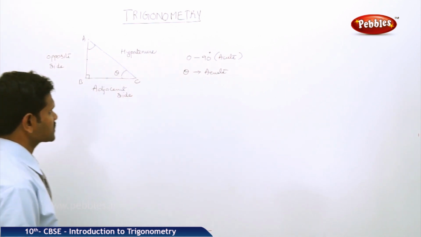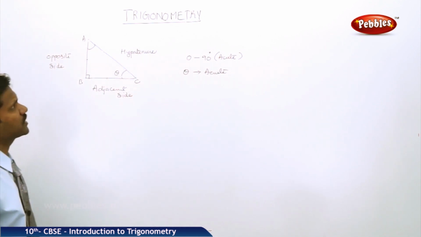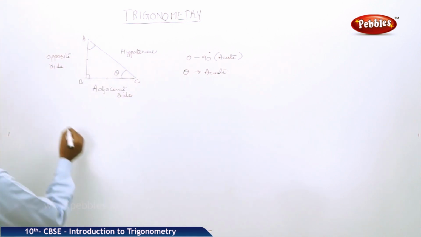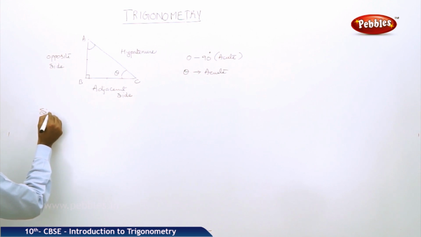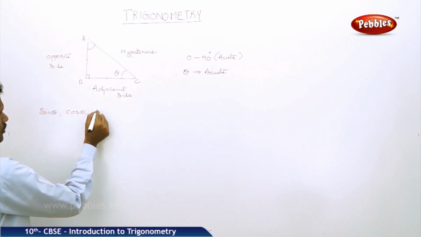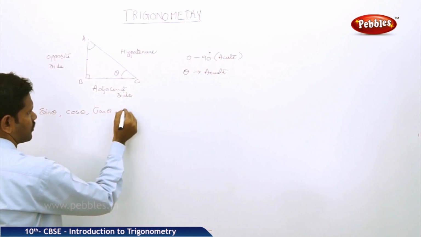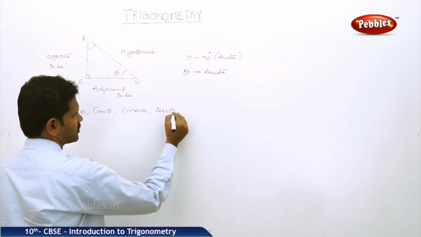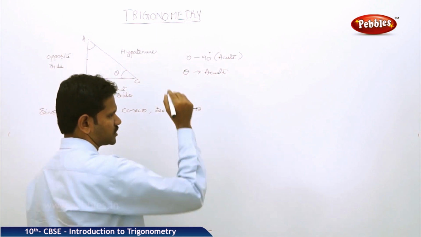Now, let us consider the different trigonometric ratios. There are sin theta, cos theta, tan theta, cosecant theta, secant theta and cot theta.